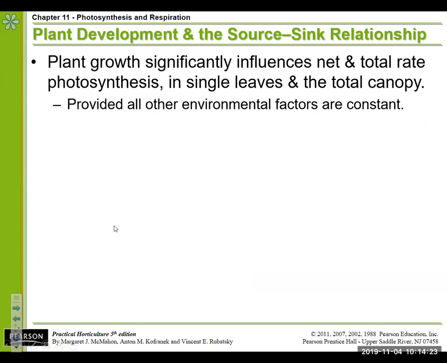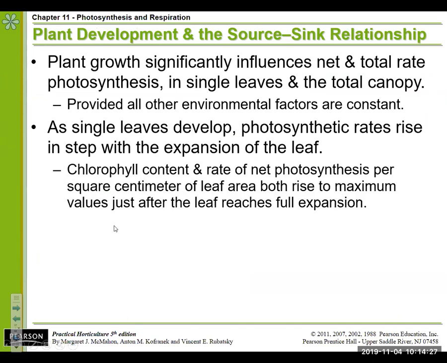And more photosynthesis equals more growth, more sugars, etc. As long as all the other environmental factors are in sync with that. So, a plant can't photosynthesize if the chlorophyll is dead, right? So, if you have too low of temperatures that causes the plant cells to freeze, then guess what? They can't grow anymore. So we have to have all of these optimal conditions occurring together at the same time.